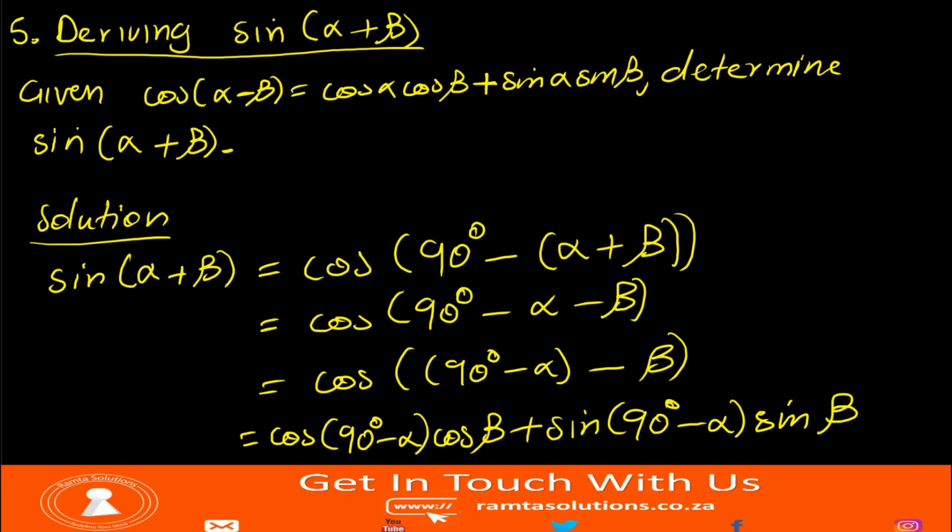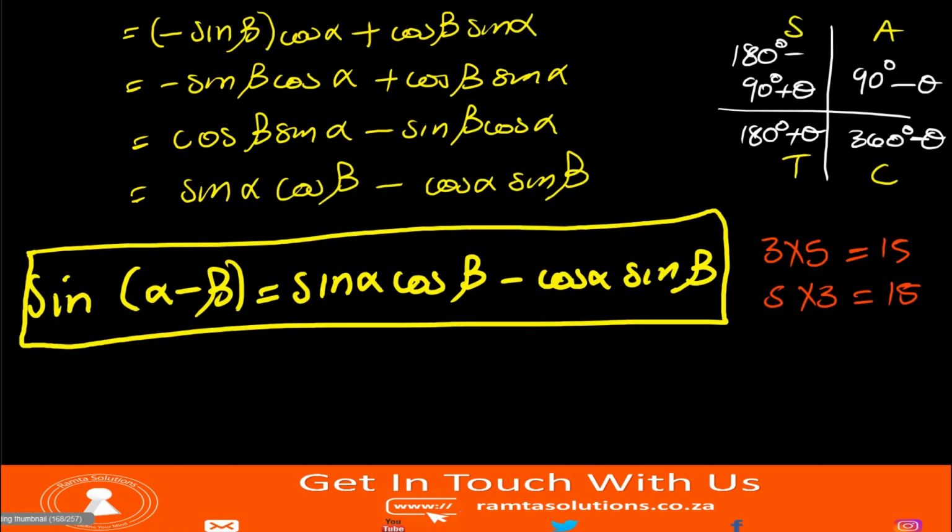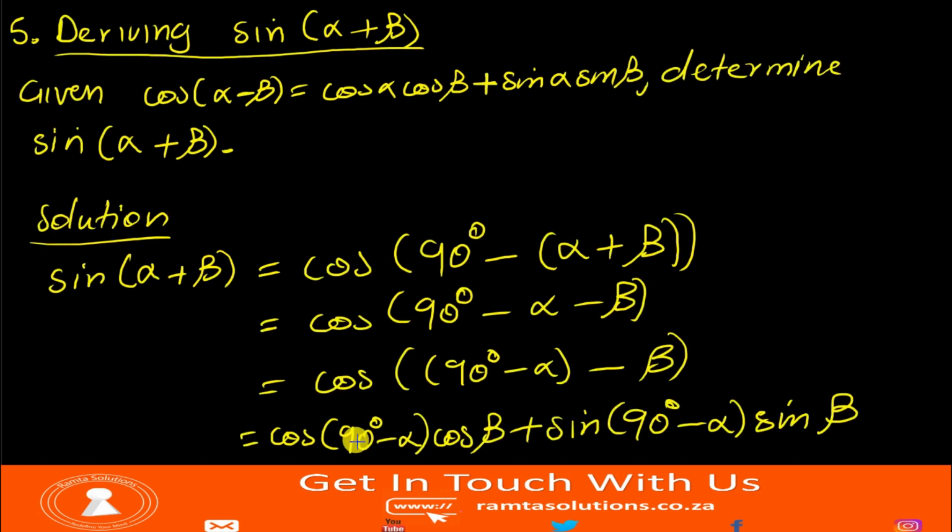Going back to that CAST diagram, 90 degrees minus alpha is in the first quadrant. All ratios are positive. So in the first quadrant, cosine is positive, but because this is 90, cosine changes to sine. It'll then become sine alpha. We have cos alpha.